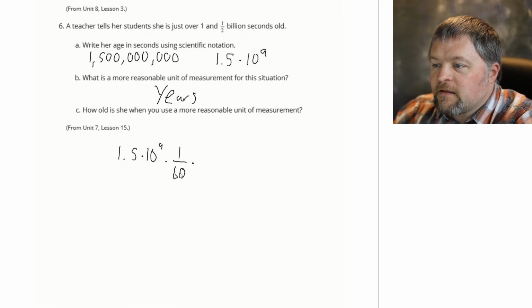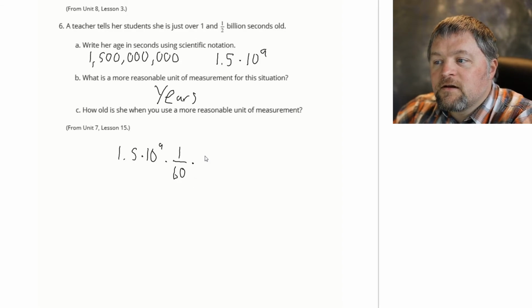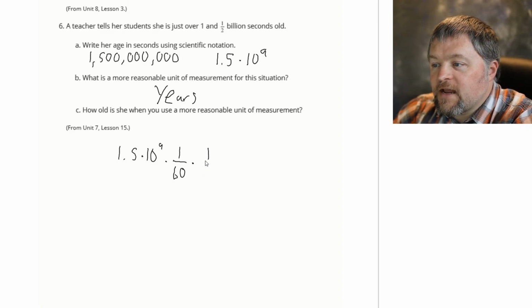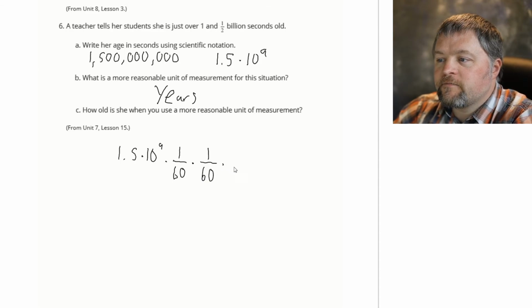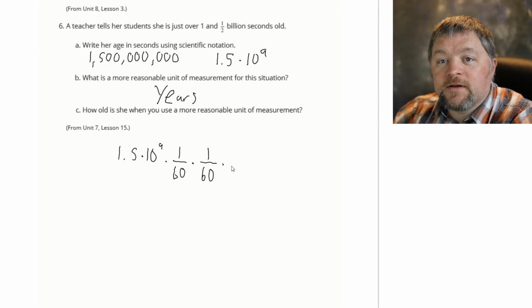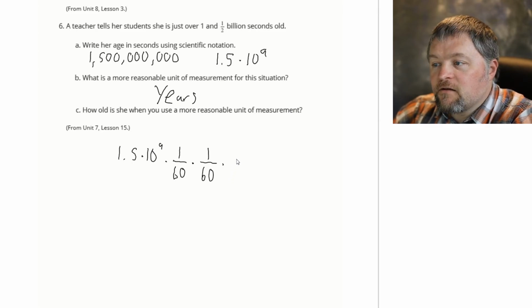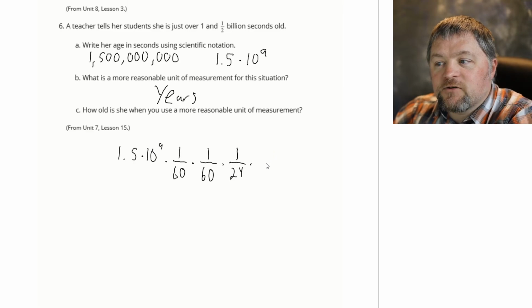That would tell us how many minutes old they are. To find out how many hours old they are, we would divide it by 60 or multiply by 1/60th again. If we wanted to find out how many days old they are, we would divide by 24 or multiply by 1/24. That's how many days old they are.